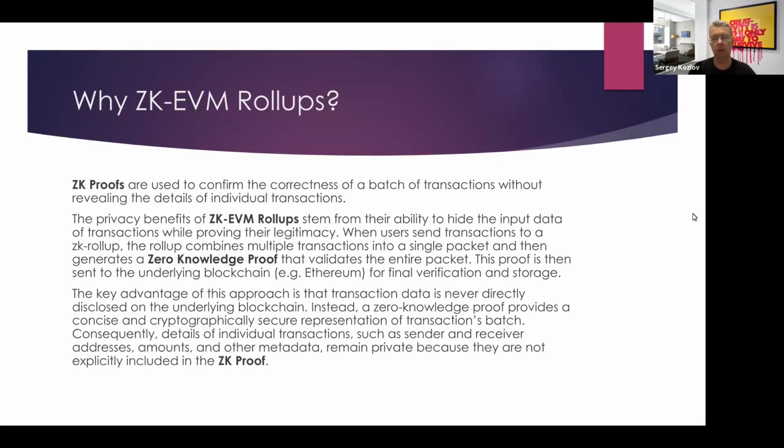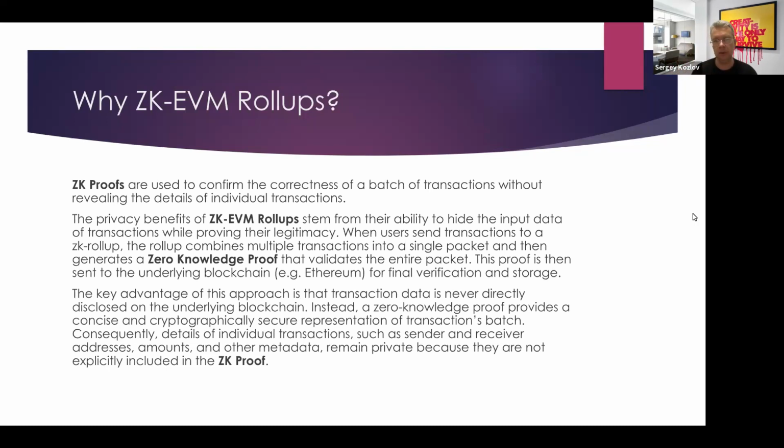This is because we have batches of transactions. We have a few transactions which happen on our ZK-EVM rollup. Then we take these transactions, calculate a zero-knowledge proof, and send this proof to the Ethereum mainnet smart contract, and this smart contract checks this ZK proof and confirms that all that happened on our rollup happened according to the rules of the Ethereum virtual machine.